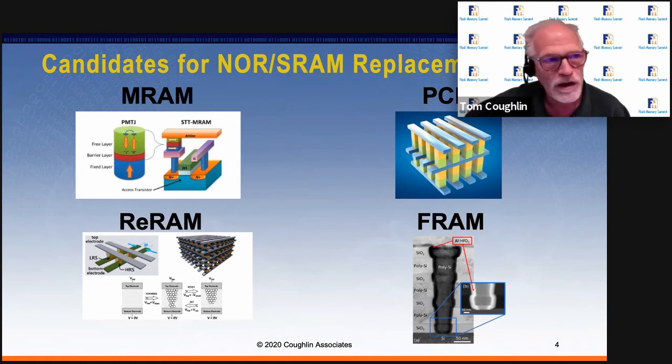Finally, they're all non-volatile or persistent. Data doesn't disappear when power is lost. They can all be used as persistent memory. These new memories are necessary to continue the scaling that we've come to expect from semiconductor devices. And the technologies are shown here: MRAM, phase change memory, resistive RAM, and ferroelectric RAM.